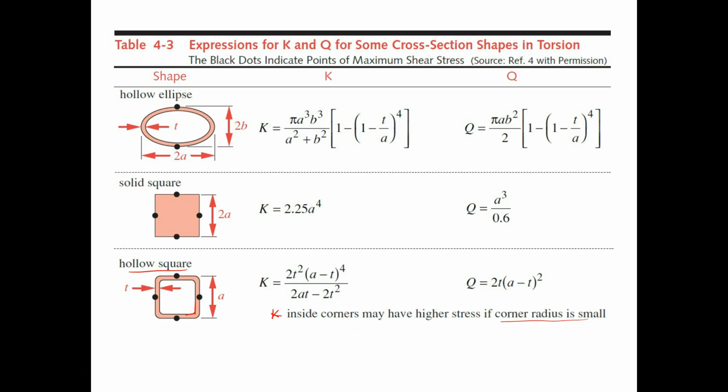We'll get to stress concentrations fairly soon, but the assumption that we're making is that we have no sharp corners, because if we were to have a sharp corner, we'd have what's called a stress concentration, and those inside corners may indeed be the high stress location. So if we make the assumption that those inside fillets are large, then the high stress locations remain on the outside surface as noted by the black dots.